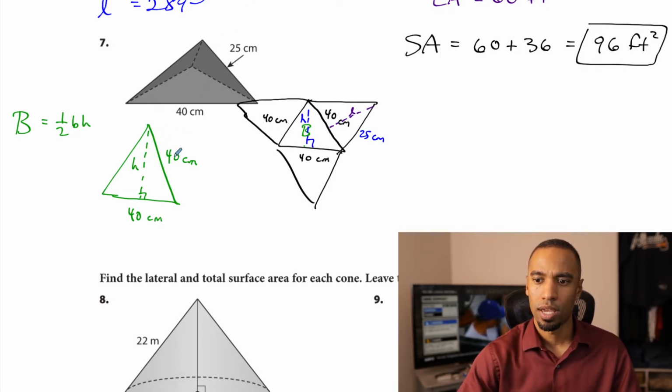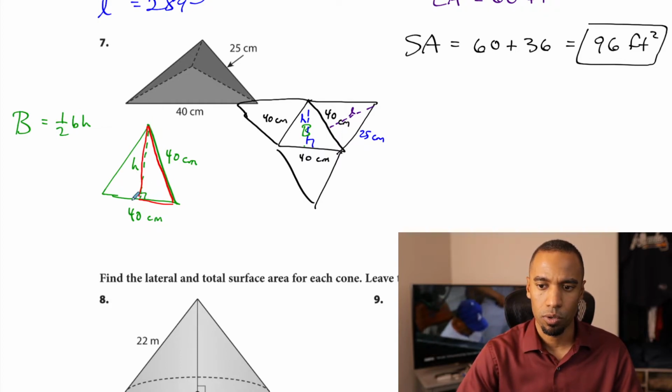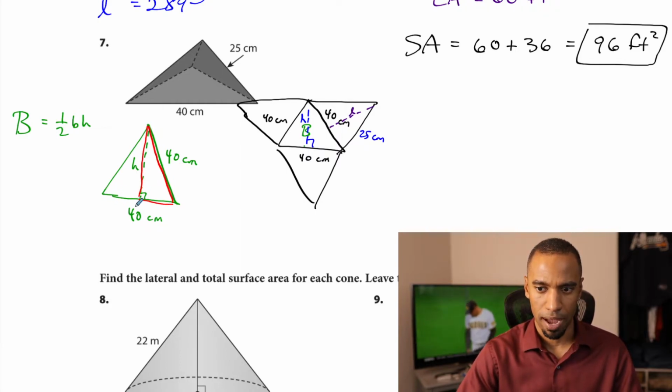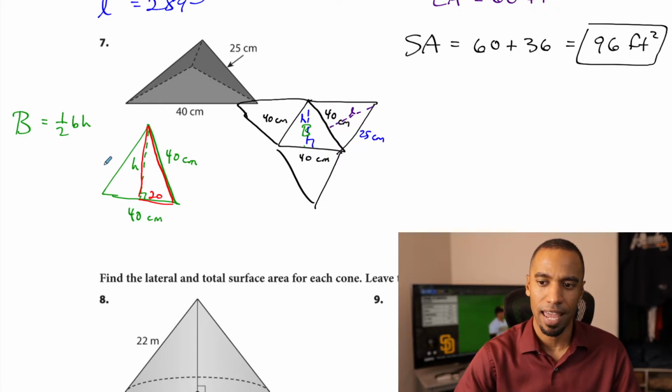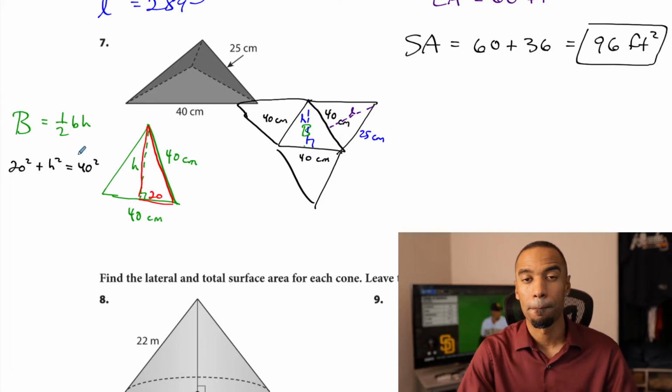We construct a right triangle like this. Because it's an equilateral triangle, this altitude bisects this 40, so this becomes 20. So we have 20 squared plus h squared equals 40 squared. That's our setup to find h.